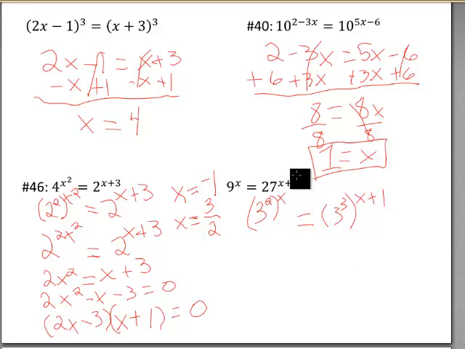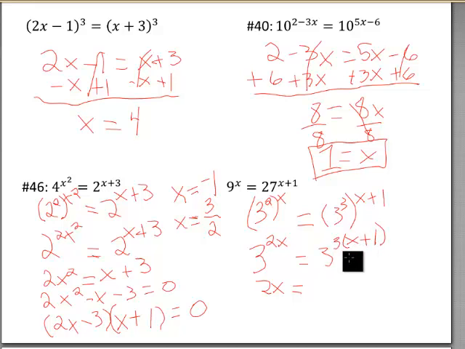Now again we can multiply, so this becomes 3 to the 2x. Be a little bit careful here because we're taking this whole exponent times that whole exponent. So really this is 3 to the power of 3 times x plus 1. So now what we're going to do is take 2x equals this thing. Well, what is this thing?